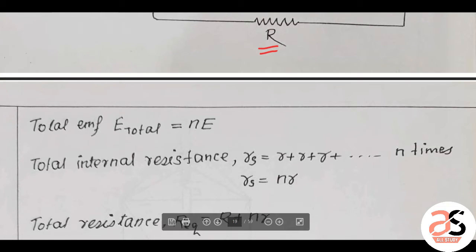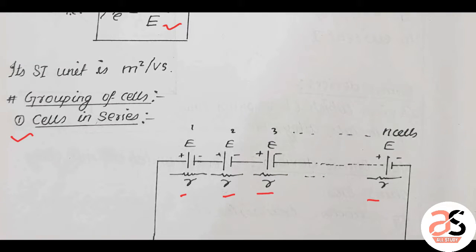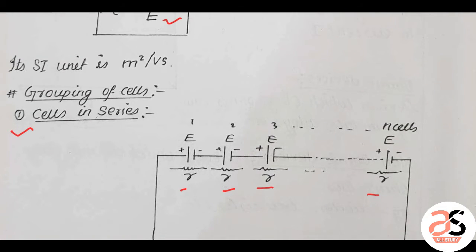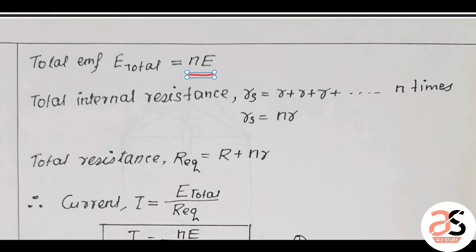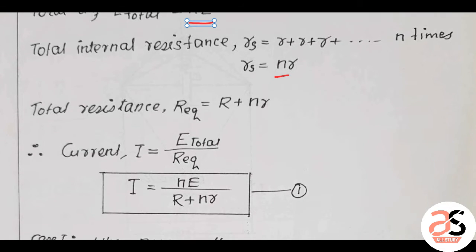In this type of connection, total EMF will be N times E, where E is the EMF of one cell. Total internal resistance will be r plus r plus r, so N times r, series resistance Nr.